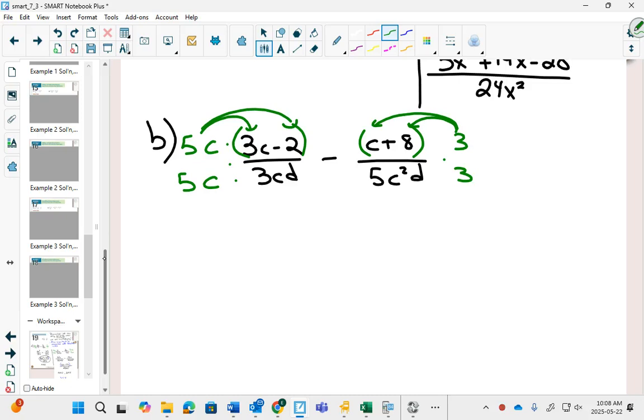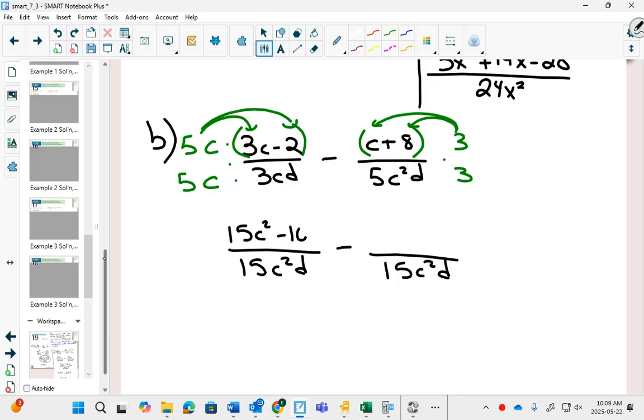So we have our common denominator. Now, this is going to be a 15c squared d, and this one is a 15c squared d. And here we have 15c squared minus 10c, and here we're going to have 3c plus 4.